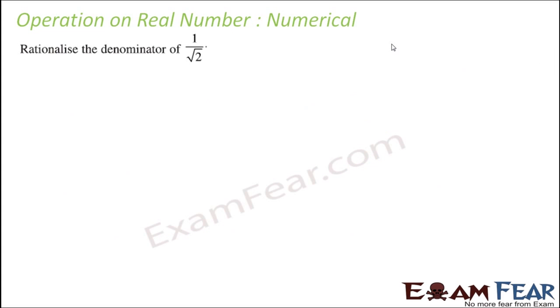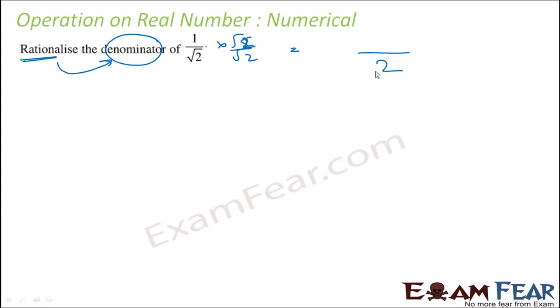So let's see if we can rationalize the denominator of 1 by root 2. To rationalize, we'll multiply and divide by root 2. Rationalize means the denominator should not be an irrational number, right? So that has to be rationalized. If the denominator is an irrational number, you have to make it a rational number. To do this, we will multiply by root 2.